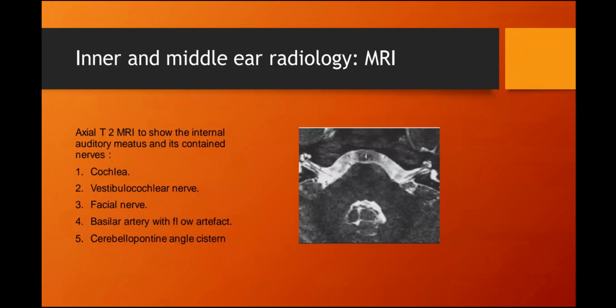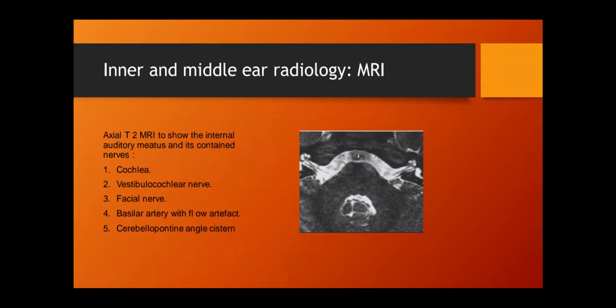MRI. In the MRI, we will see better, more detailed pictures. We are going to see the nerves and their courses. This is an axial T2 MRI to show the internal auditory meatus and its contained nerves. Number one, we are seeing the cochlea.